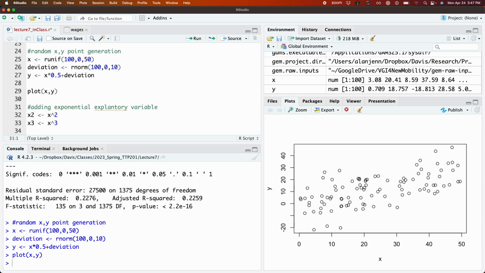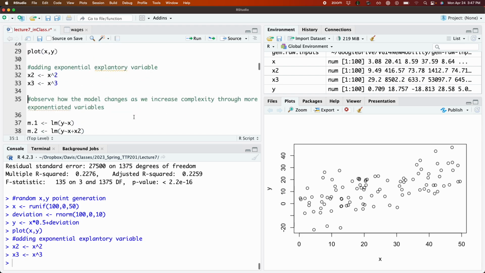We've got these data points here. I am actually going to add in exponential explanatory variables, and let's see what happens.